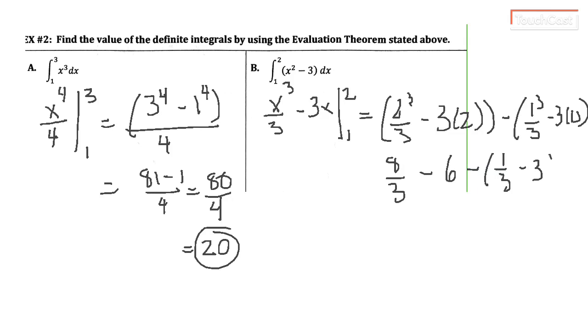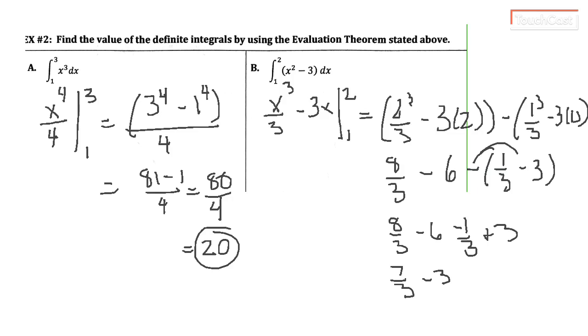Minus 3. So we're going to distribute this minus sign into the parentheses. We'll have 8/3 minus 6 minus 1/3 plus 3, which means we're going to have 7/3 minus 3.